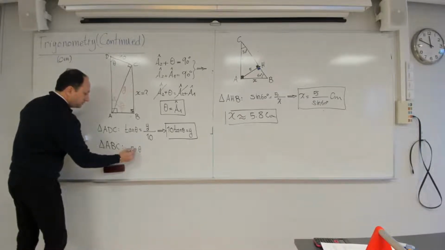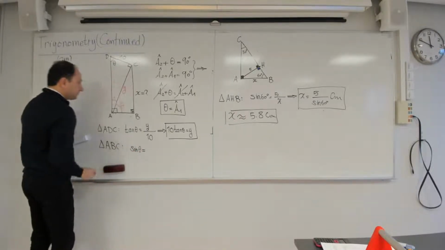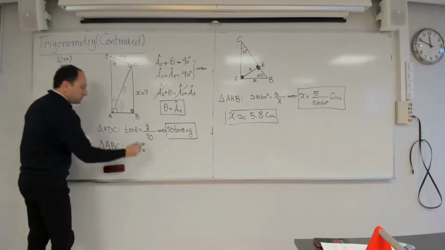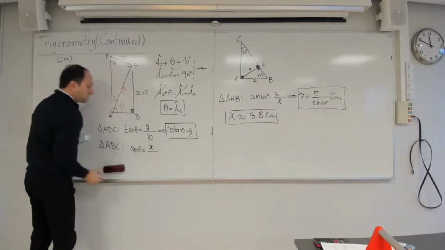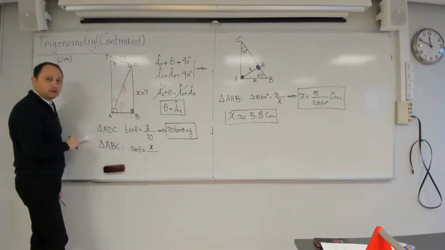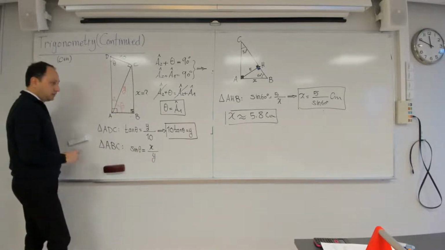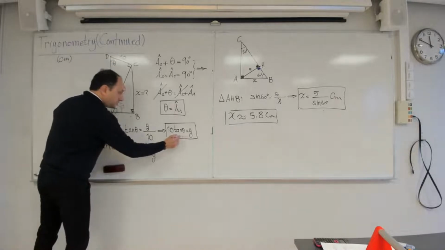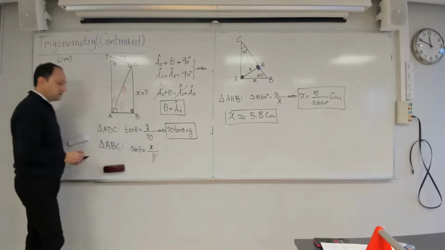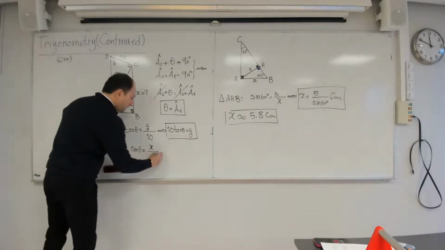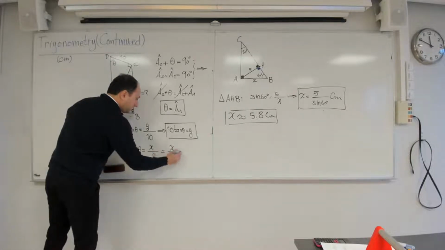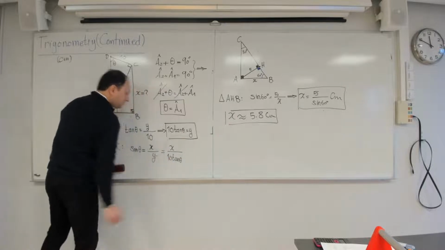Sine theta is equal to the opposite side, which is x, I don't have it yet, divided by the hypotenuse, which is y. So I can just write it here. But now I can take this y and put it here. So this becomes x divided by 10 times tangent of theta.